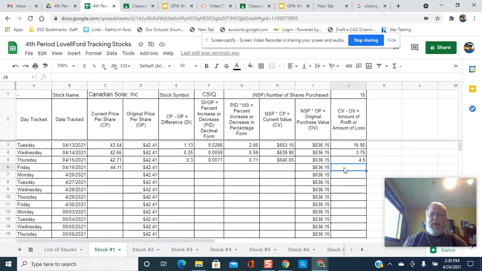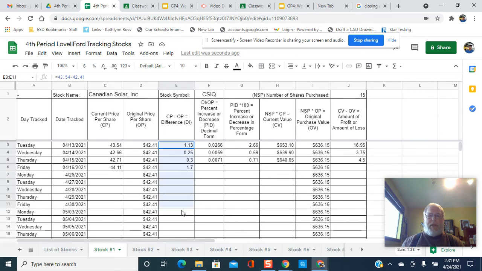Okay. One more time. So again, here we're going, always start off with equals, 44.11 minus 42.41. So current price minus the original price, $1.70. By the way, all of this is money.